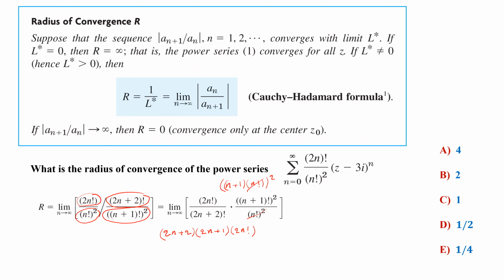You get (n+1) squared in the numerator and this expression in the denominator. So it becomes (n+1) squared divided by (2n+2)(2n+1). And what happens when n goes to infinity? You see only the highest power. Here we have 4n squared. Here we have n squared. So the answer will be 1/4, which was this one.